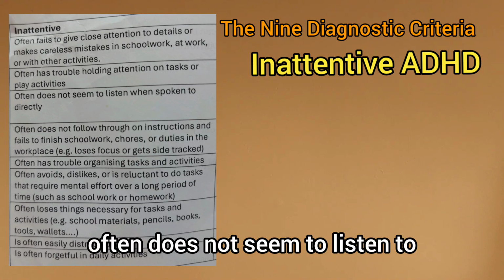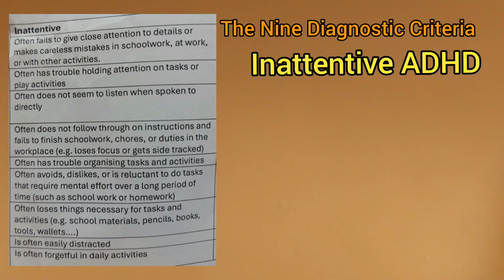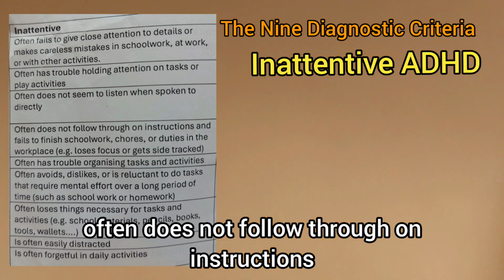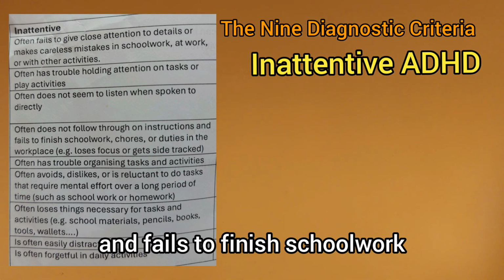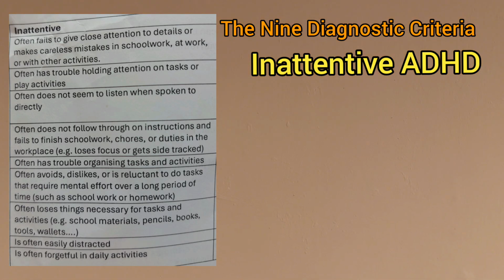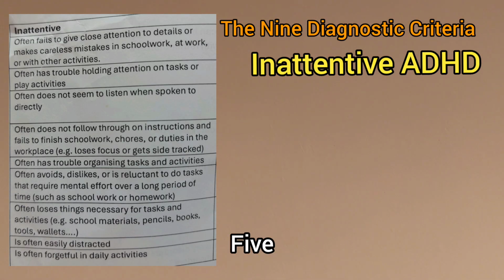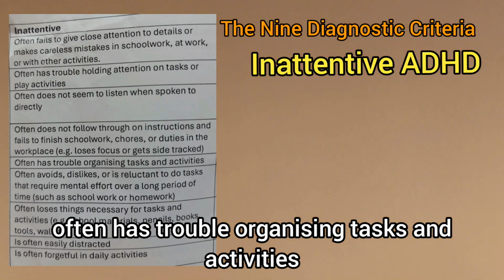Often does not seem to listen when spoken to directly. 4. Often does not follow through on instructions and fails to finish schoolwork, chores, or duties in the workplace, e.g. loses focus or gets sidetracked. 5. Often has trouble organising tasks and activities.